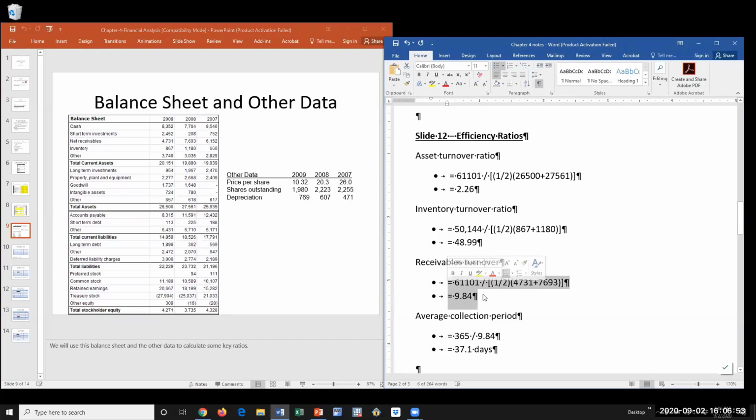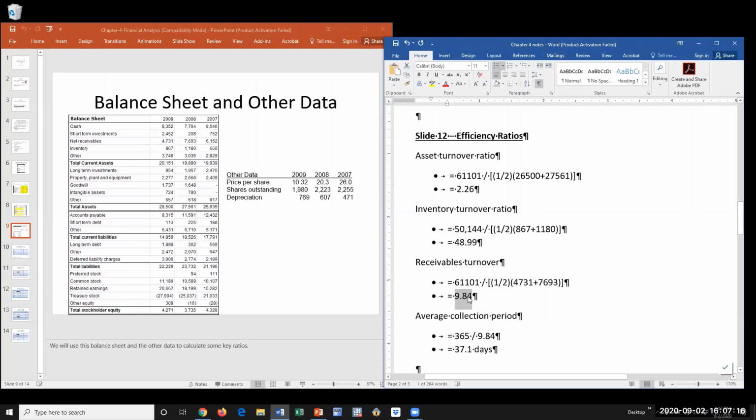But it is kind of hard to understand and conceptualize this number 9.84 in terms of what it really means. So a lot of companies will convert this number. This 9.84, we call that like the number of turns per year. But that's kind of hard to understand, right?